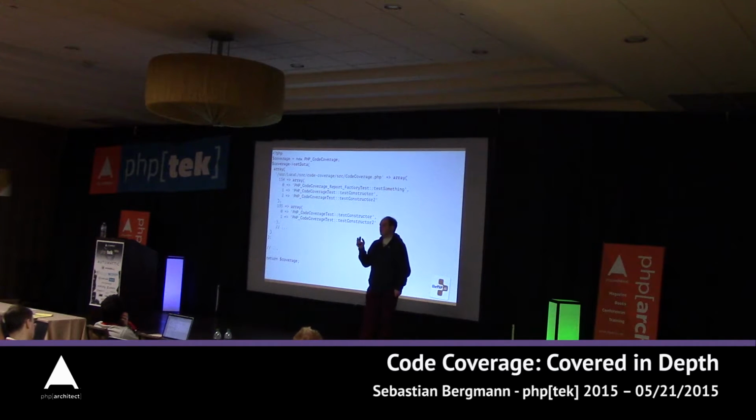You can also tell PHPUnit to store the code coverage data as PHP code, which is really convenient and has interesting performance aspects, because it's really, really quick to parse compared to the XML data when you want to do some pre-processing before you actually visualize it.